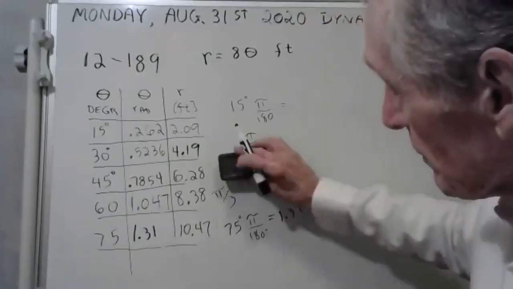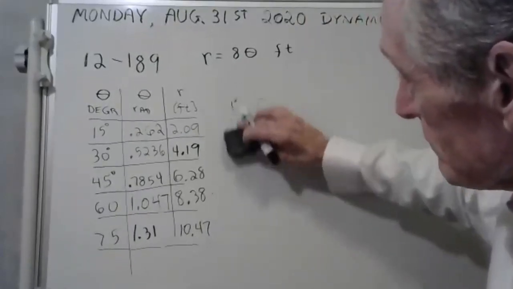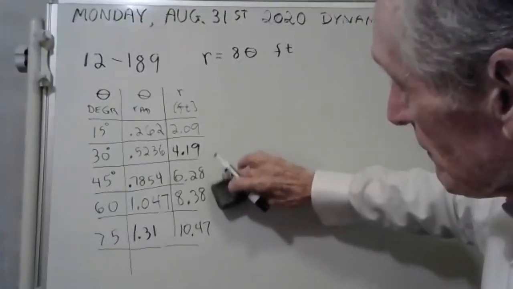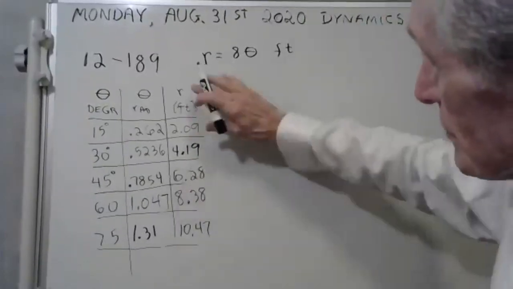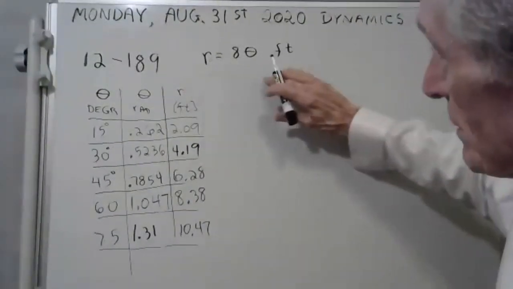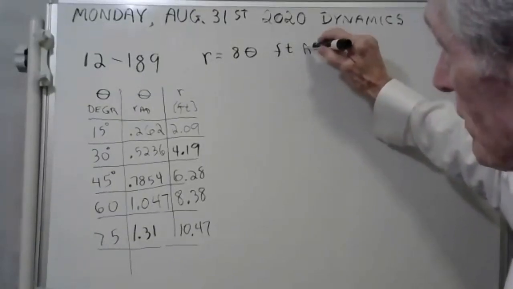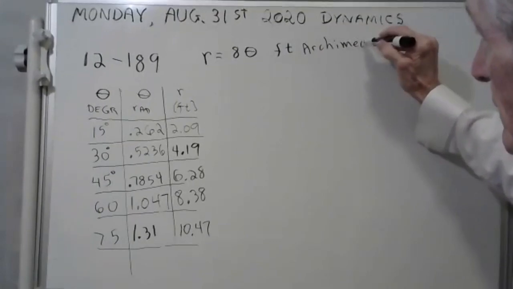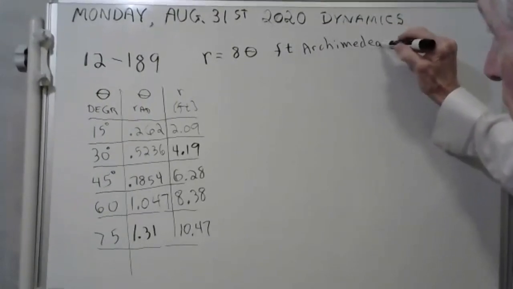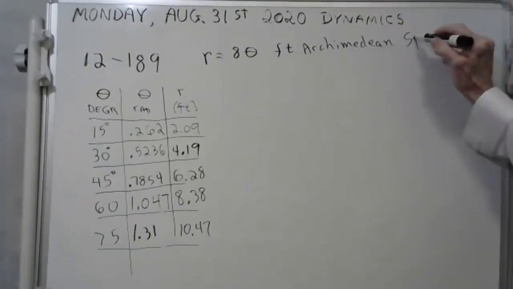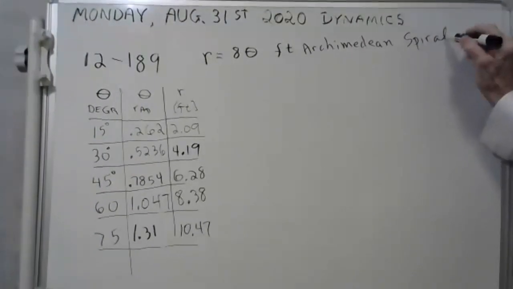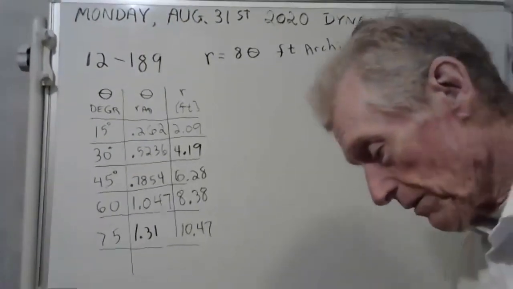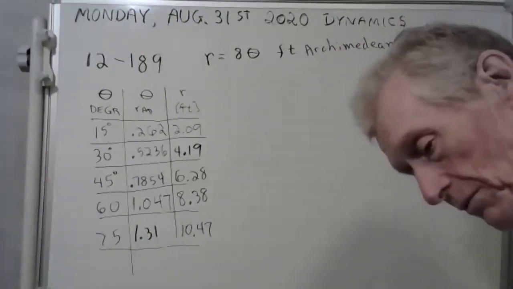Okay, well here, we're going to plot it up now. This equation right here is the equation for an Archimedean spiral. Oh, brother, I don't know if I spelled that right. All right, so now we're going to plot it up.